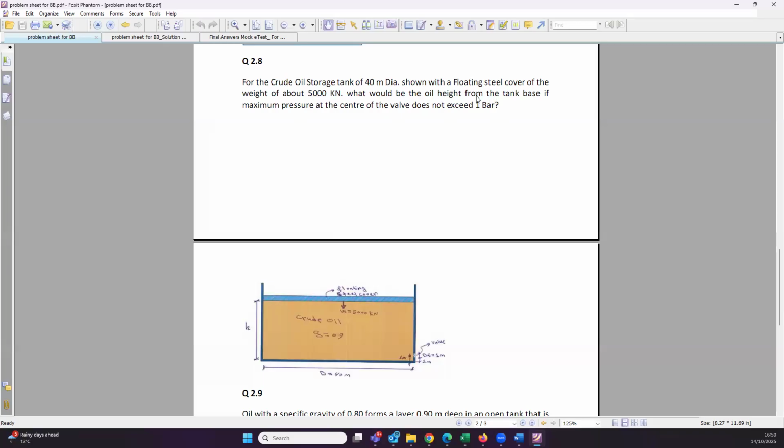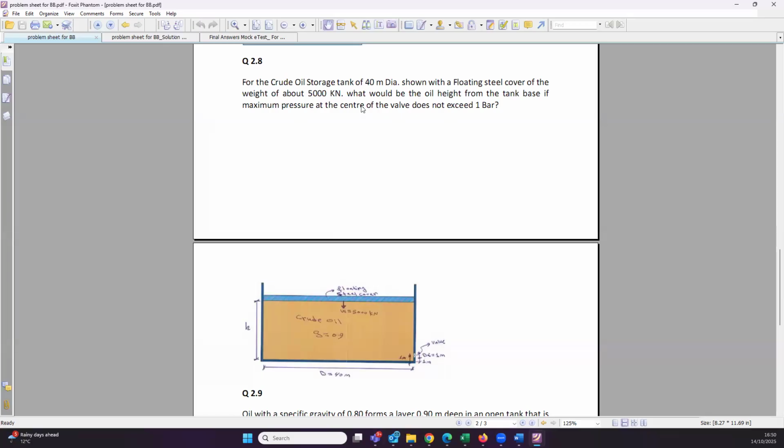This statement gives you a hint that at the center of the valve, looking from the outside, it is measuring 1 bar. So this is another way of saying that you are calculating the height of this liquid through the valve at the center point of the valve.